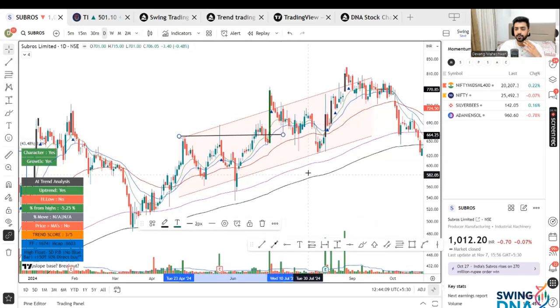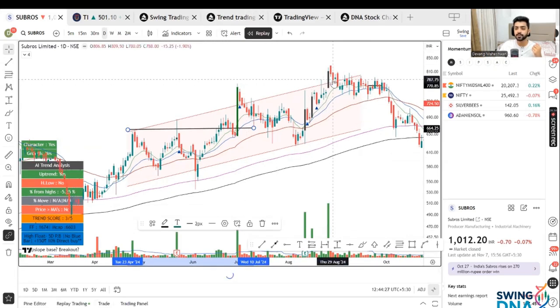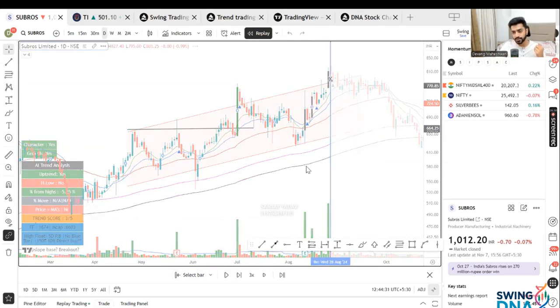One day up, gone down. It will do the same thing again. Here it's a breakout. But no follow through came here. Maybe could have tried up here, if other things are fine.